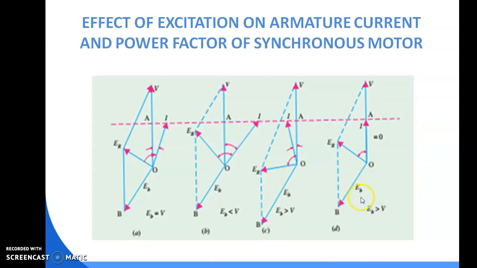And this is the condition for unity power factor. Here we can see the phase angle between voltage and current will be 0. Voltage and current reference will overlap. Accordingly, ER will be changed. ER position will be this much, and now EB can be drawn here.